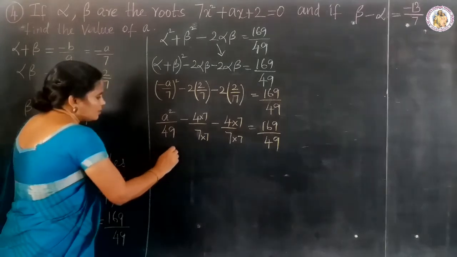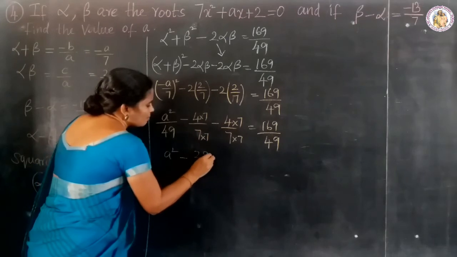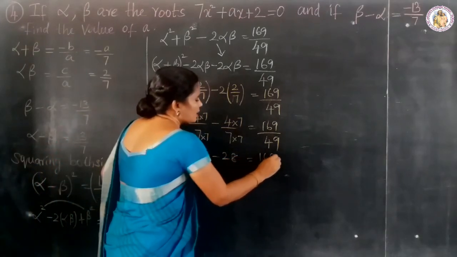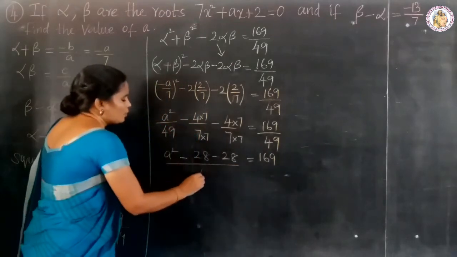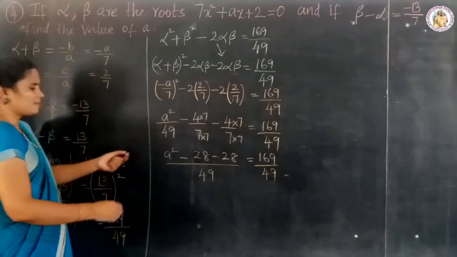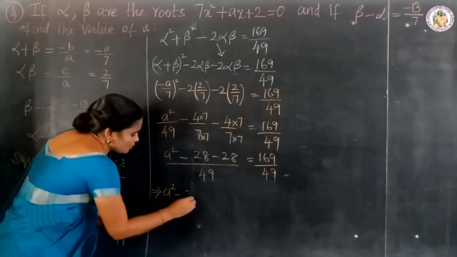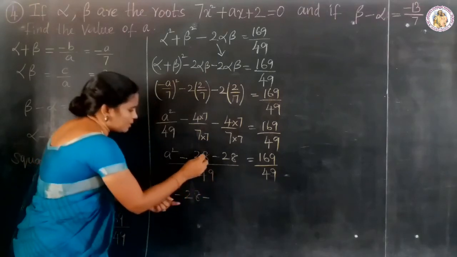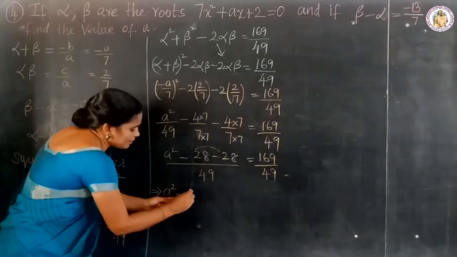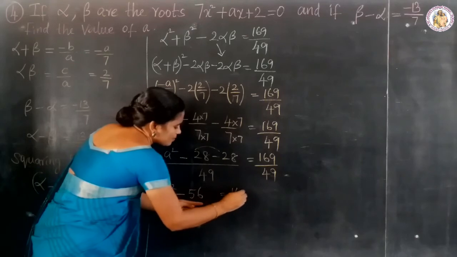Now a square minus 7 4s are 28, minus 7 4s are 28, is equal to 169. Here we have commonly 49. So removing 49, rewrite the equation as a square minus 28 minus 28, same sign add, minus 56 is equal to 169.